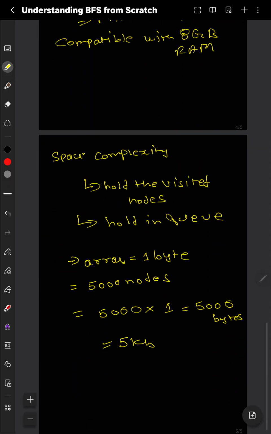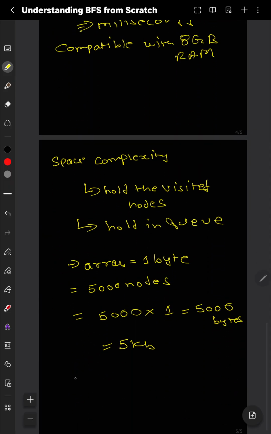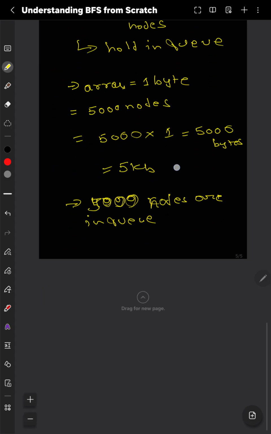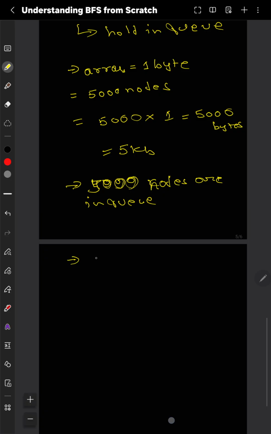So if we take that into consideration, for example, we have 4999 nodes in queue, or for calculation ease, let's say 5000 nodes are in queue, and we have a pointer variable which takes 8 bytes of memory for one node.